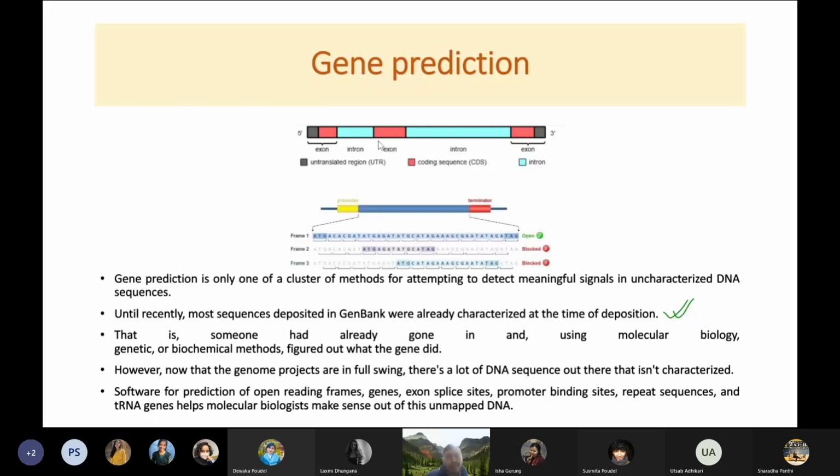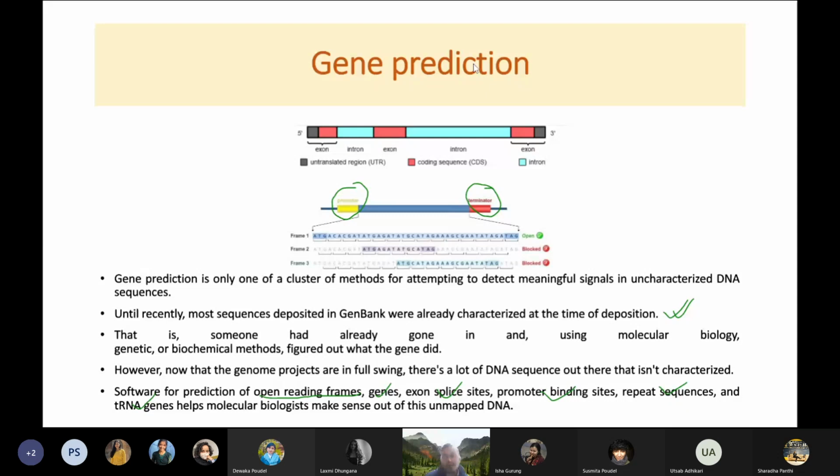You can search for the promoter region, the terminator region, or introns and exons. You can search for open reading frames, genes, exon splice sites, promoter binding sites, repeat sequences, and tRNA genes, which can help molecular biologists make sense of unmapped DNA. This is a very important tool of gene prediction that you can use.